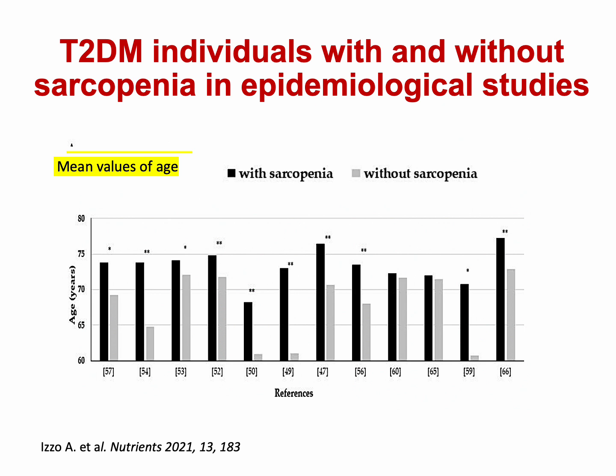This study revealed that individuals with both type 2 DM and sarcopenia are generally older compared to those with type 2 DM alone, indicating that age is a significant factor in the development of sarcopenia among type 2 DM patients. Additionally, the study highlights that older age, longer duration of diabetes, poor glycemic control, and presence of comorbidities increase the risk of sarcopenia in type 2 DM patients.